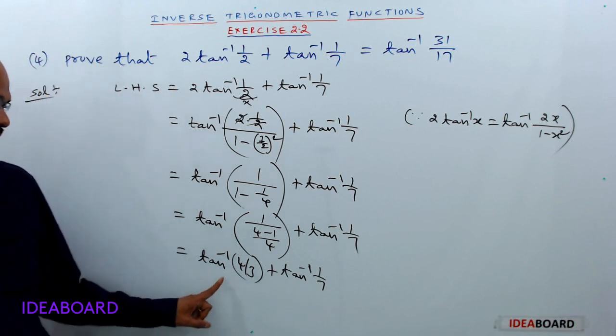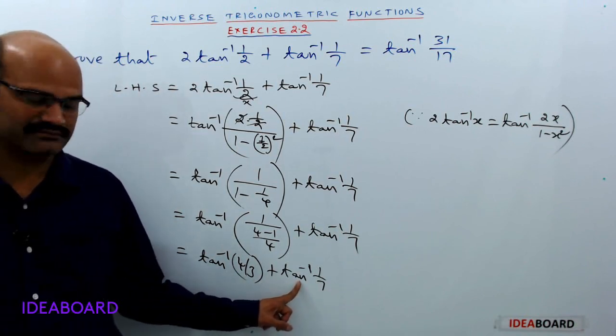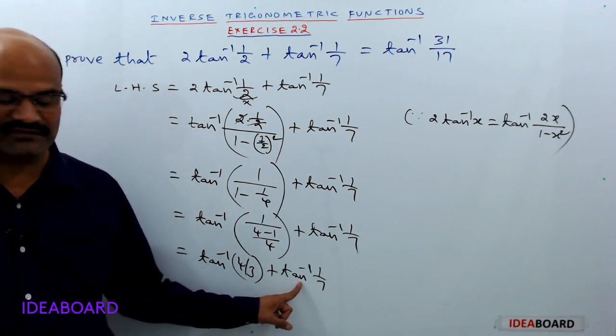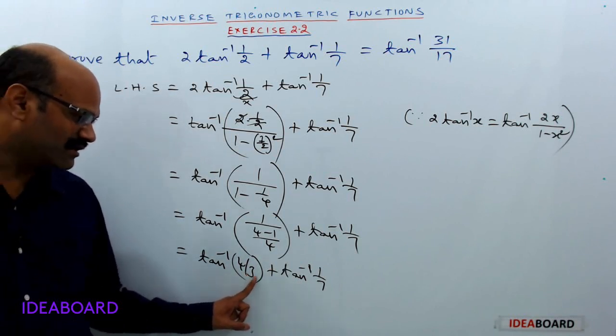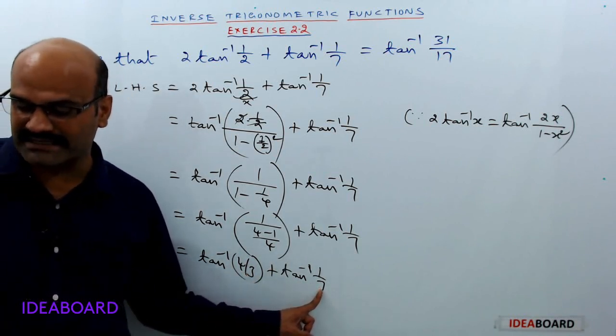Now it's in the form of tan inverse x plus tan inverse y. Tan inverse x plus tan inverse y equal to tan inverse of x plus y by 1 minus xy.